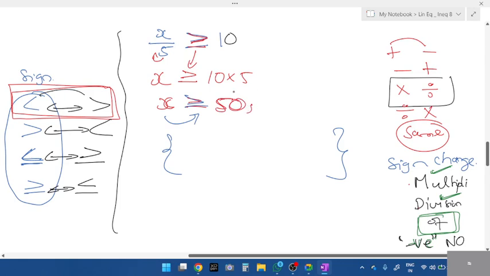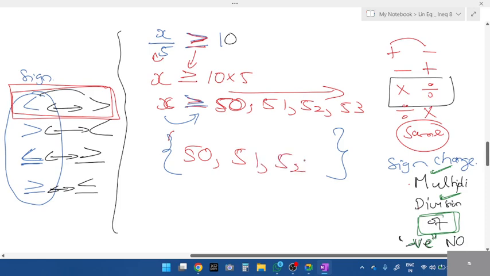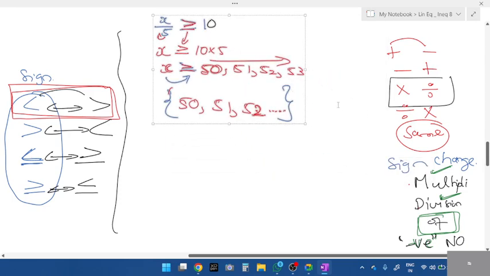After 50, on the right hand side, what are the values we have in a number line? After 50, you'll have 51, 52, 53, right? So what is the answer? You should consider 50, 51, 52. You can't keep writing all the numbers, so just put three or four dots. Understood how to write the number line answer? Which side the arrow is facing, that side you need to write.